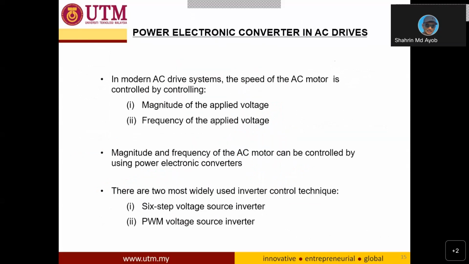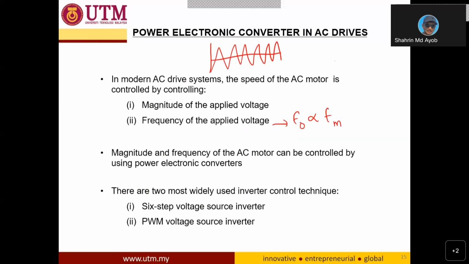So how to control? We are using the inverter. By using PWM, we can control the frequency output. Your frequency output is actually proportional with the frequency of the load.